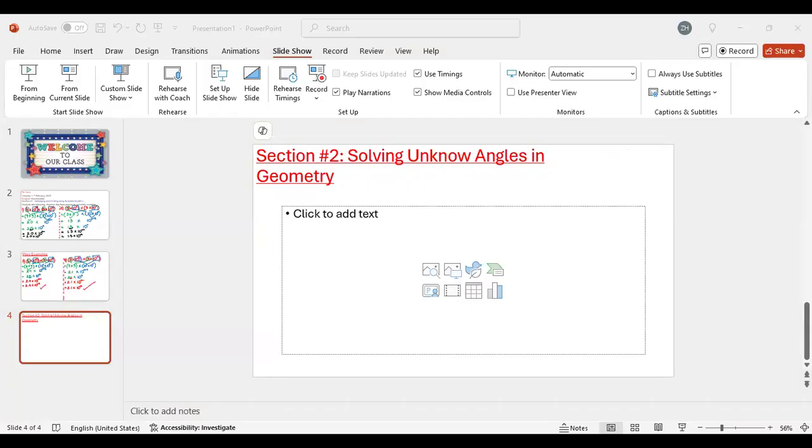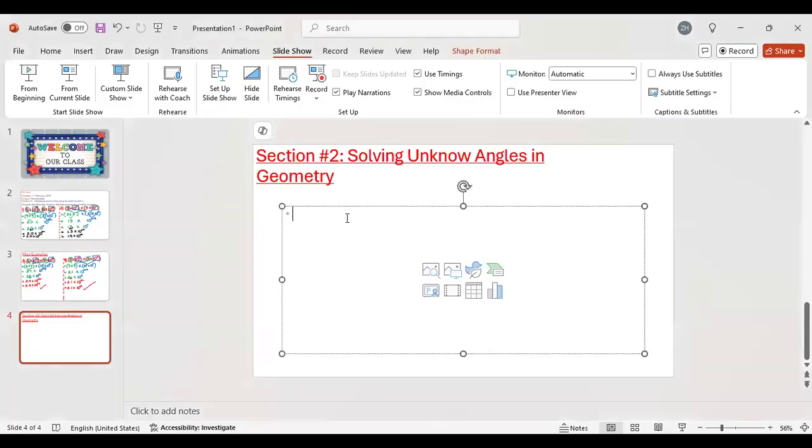So for this one, you're gonna have to draw. We're gonna be drawing several shapes. Let's start off with the first one. Let's say I have this triangle, and I want you to try your best to draw this triangle. So the idea is that we wanna find the missing angles, right?